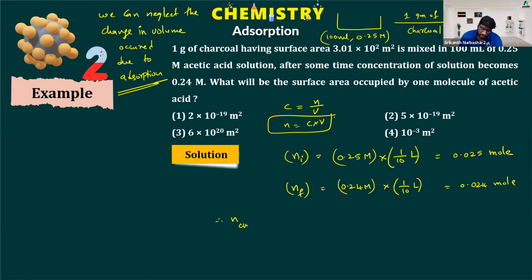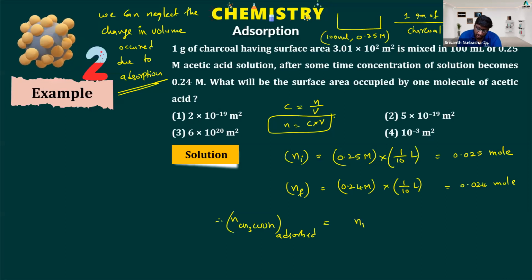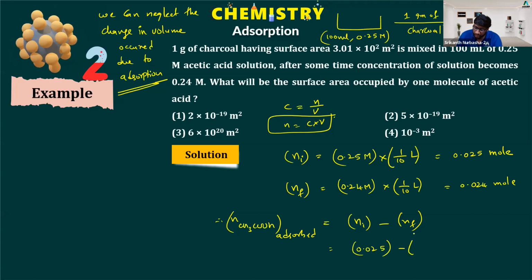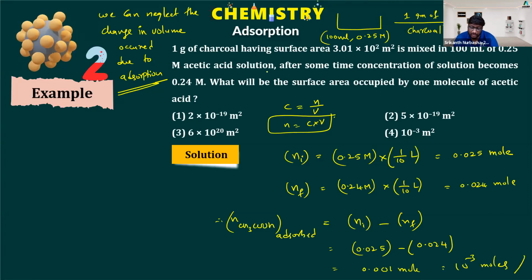Therefore, number of moles of CH3COOH adsorbed is 0.025 minus 0.024, which is 0.001 mole. That is 10 power minus 3 moles of acetic acid.